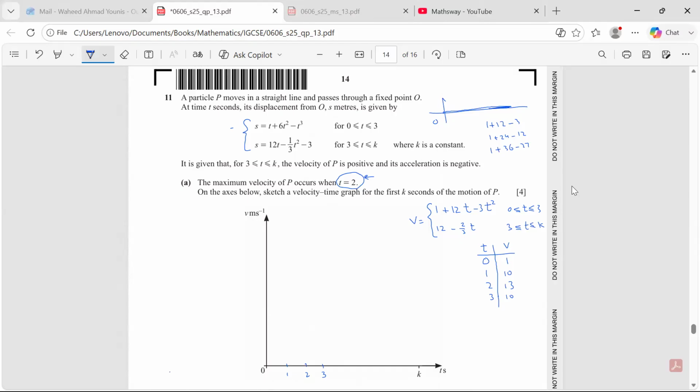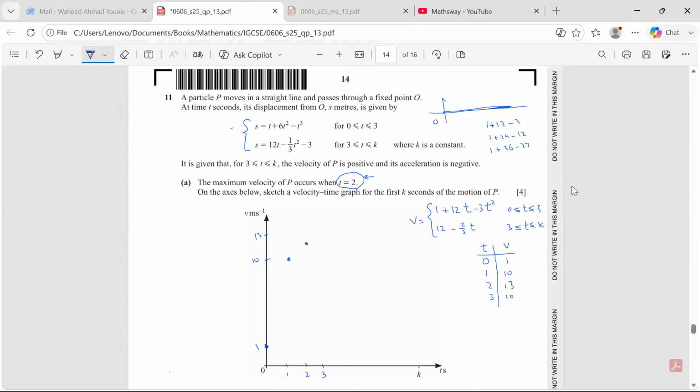It's difficult to make a scale over here, but let's roughly make it. This is 13, and this is, let's say, 10, and somewhere here is 1. So when time is 0, it is 1. When time is 1, it is 10. When time is 2, it is 13. I think 13 should not go so high, let me make it here.